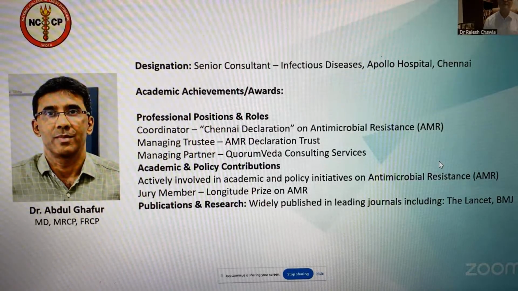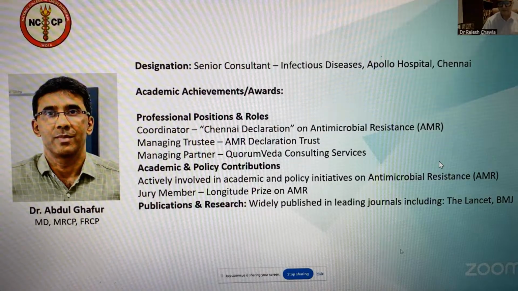He is currently working as a senior consultant, infectious diseases at the Apollo Hospital, Chennai, management trustee of the AMR Declaration Trust, and managing partner, Forum Veda Consulting Services. He is involved in academic and policy initiatives on AMR. He has been a jury member, Longitude Prize on AMR, and is widely published in leading journals, including the Lancet and BMJ. So, over to Dr. Abdul Ghafoor to conduct today's proceedings.